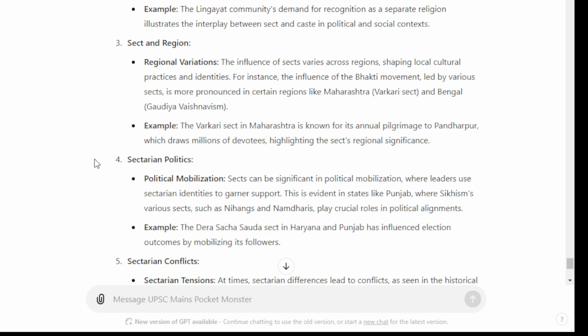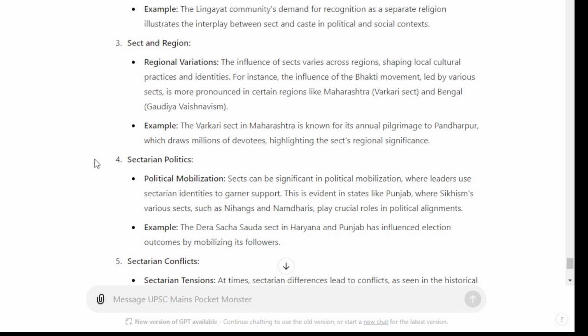I'll just make a list of different sects within religion. Like Jainism has Shwetambar and Digambar. Perhaps Buddhist people can also be called sectarian. So there are sects in Sikhism, which are Nihangs and Namdharis, playing crucial roles in political alignments.